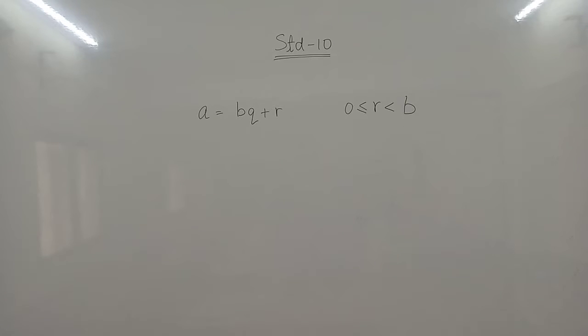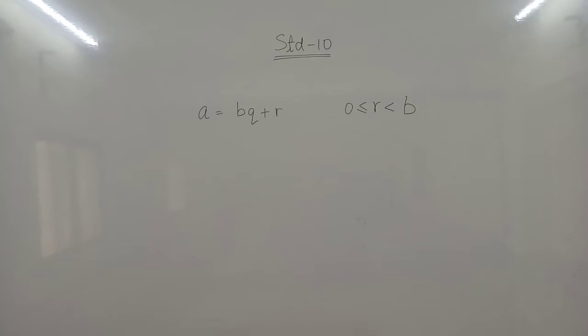From the prime factorization of numbers, we learned to find the HCF and the LCM. What is the HCF? When you get the prime factors, the common factors with the lowest powers are taken. For the LCM, the common factors with the highest power and the non-common factors are also taken.